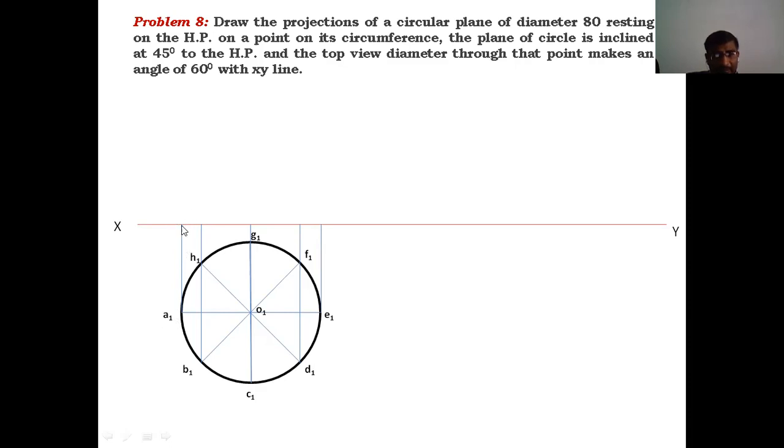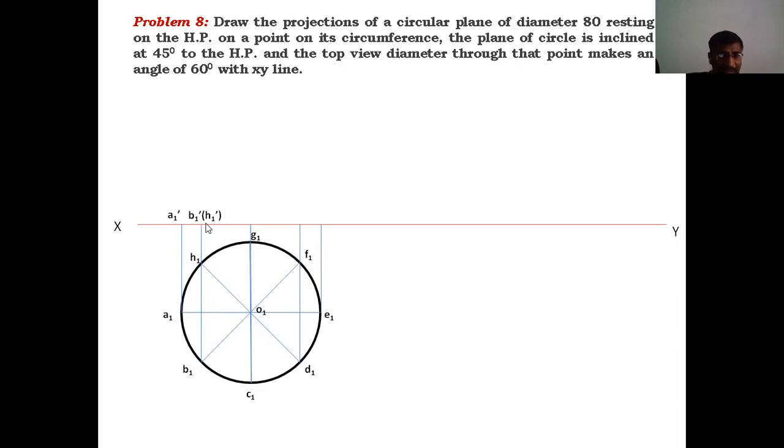The front view of A1 is A1 dash. This projection line intersecting the XY line is located as B1 dash, H1 dash, because B1 is visible and H1 is invisible.